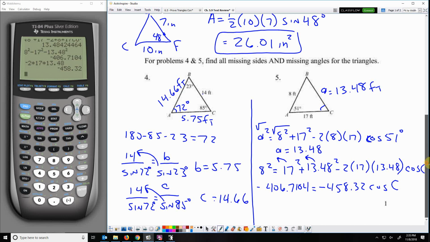Okay, so to get C by itself now, I need to divide and do arc cosine. So C is going to be arc cosine negative 406.7104 divided by negative 458.32.